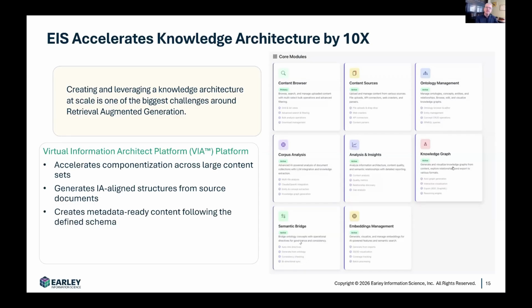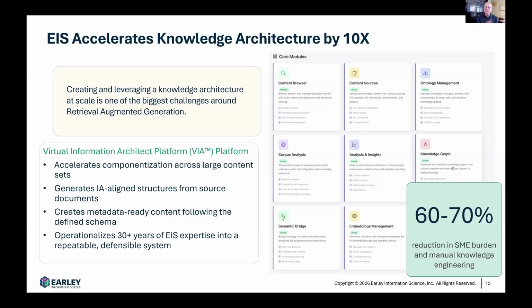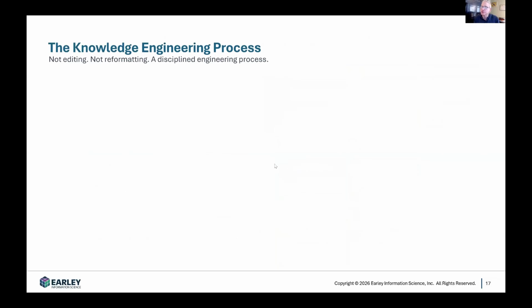We can derive the elements, build the taxonomies, the metadata models, the component models, all of these things, at a scale that was unheard of. That's a 60 to 70% reduction in the SME burden for doing knowledge engineering. So again, this is using the tools, using AI and the methodologies to accelerate knowledge architecture, and that is the biggest bottleneck to this process.